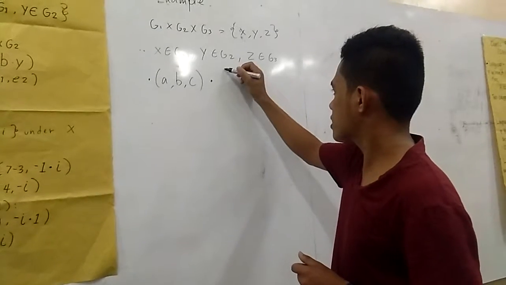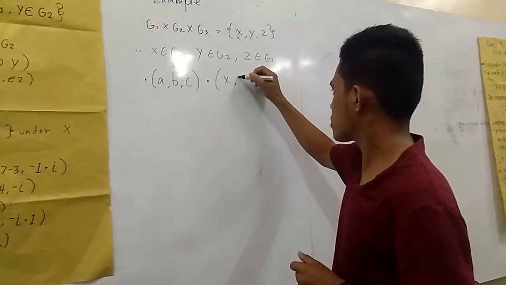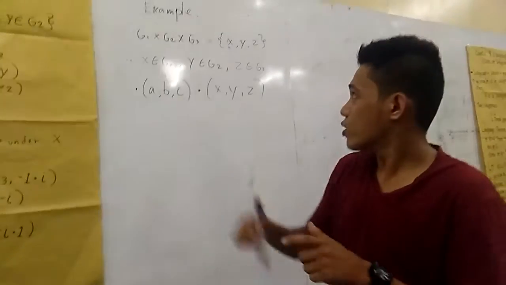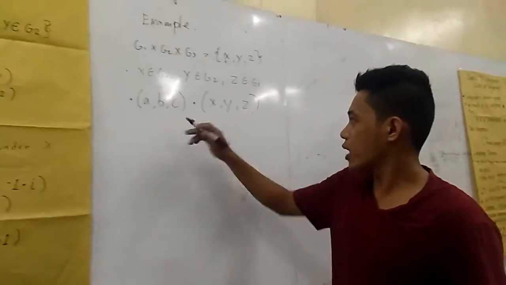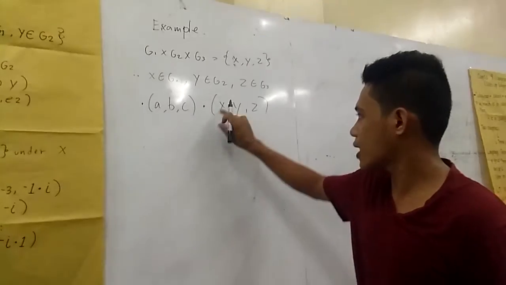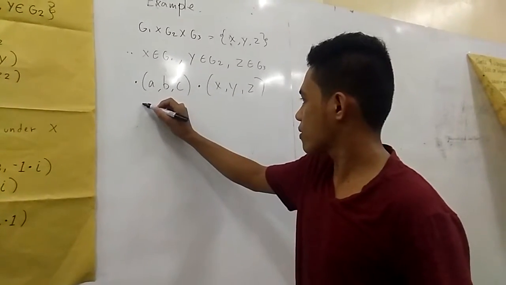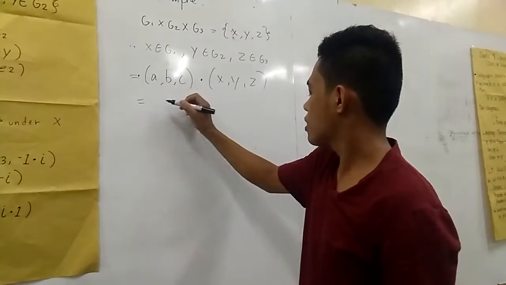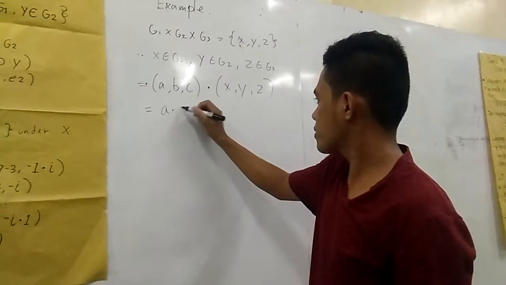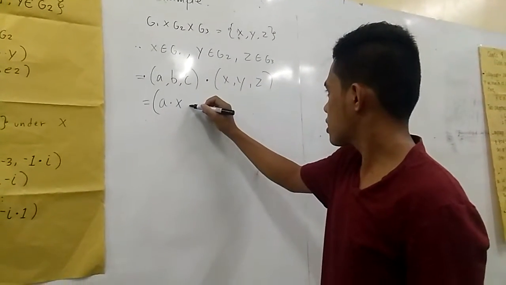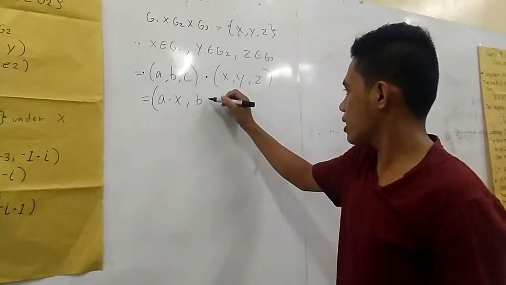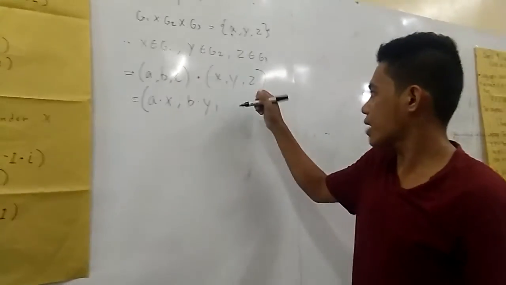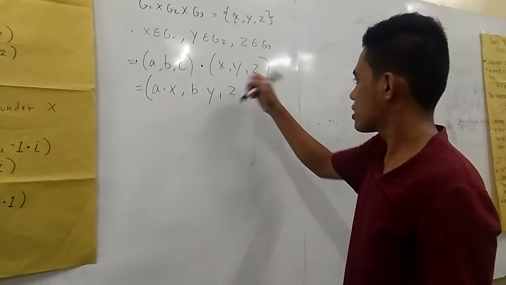So if we have (a, b, c) times (x, y, z), to multiply this one, we have a times x, then b times y, and c times z.